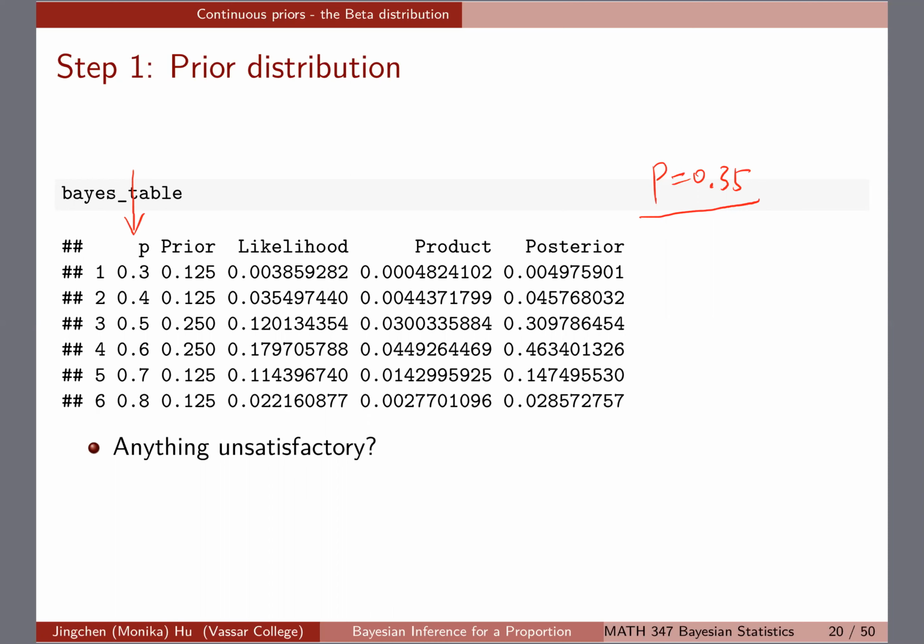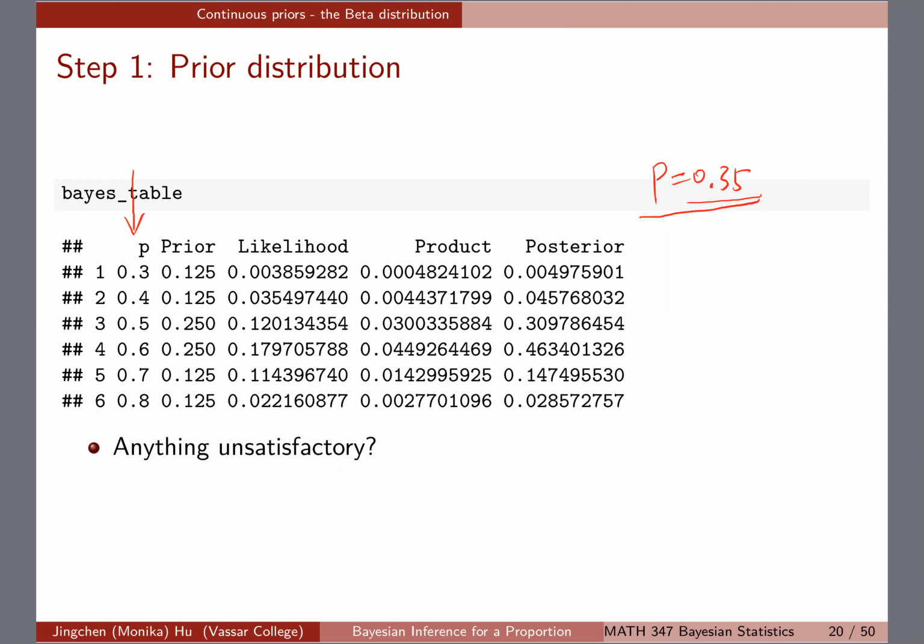Because by Bayes rule, you're updating according to the choices of p that you have. So for example, 0.35 was not specified in our prior, so it will always be assigned 0 in terms of the prior and then the posterior probability.